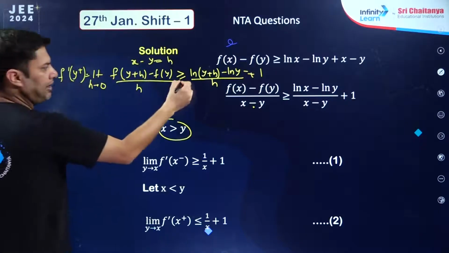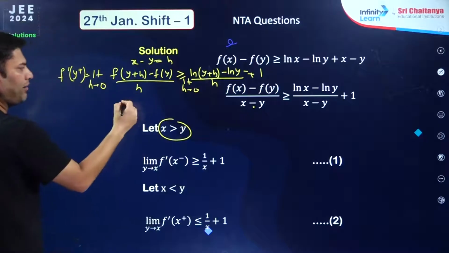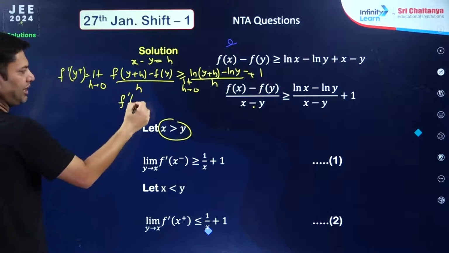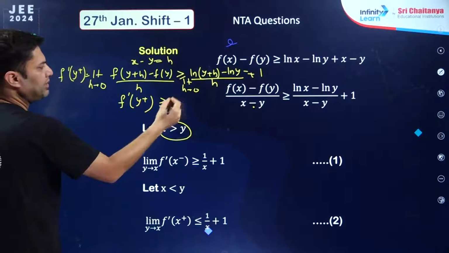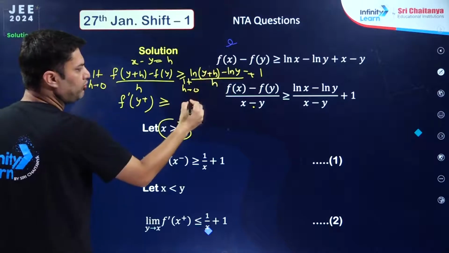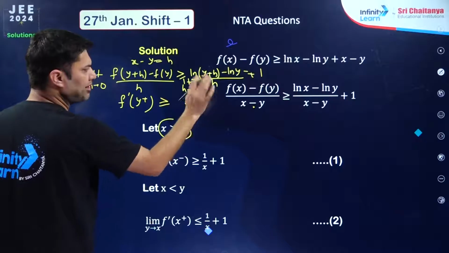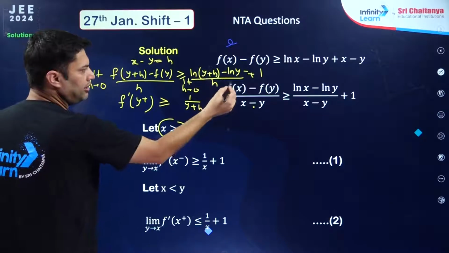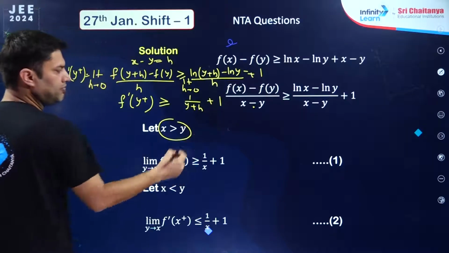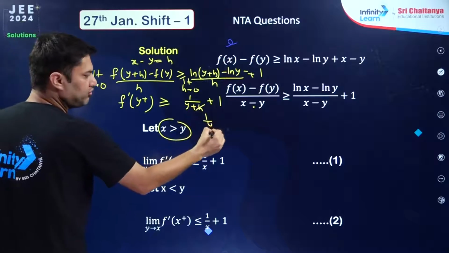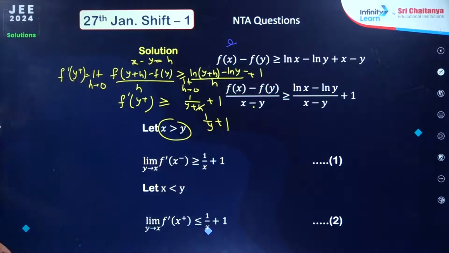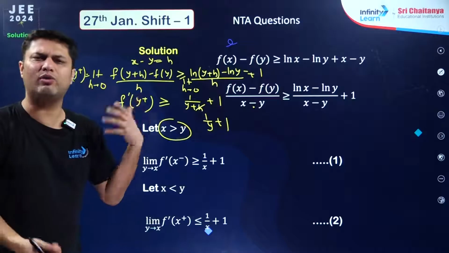If you apply the limit on both sides, f dash y will be obviously greater than this, which is a 0 by 0 form. So if you differentiate, 1 upon y plus h with respect to h only, and definitely plus 1. If you put h equal to 0, then it is 1 by y plus 1. Okay? f dash x or f dash y, whatever you want to take.